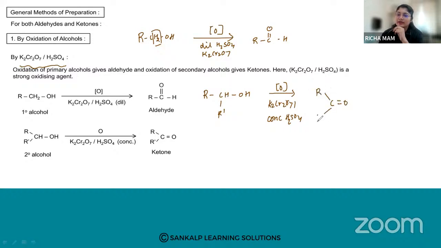Again, hydrogens are lost. Got it? These things we have seen in the previous class. So by doing a controlled oxidation on alcohols, we can get both aldehydes as well as ketones. These are general methods, so by this method we can prepare both aldehydes as well as ketones.